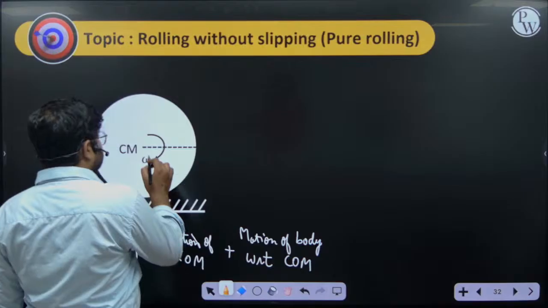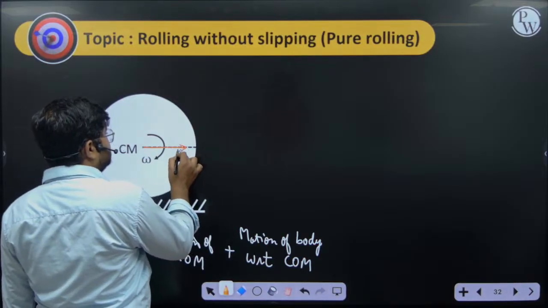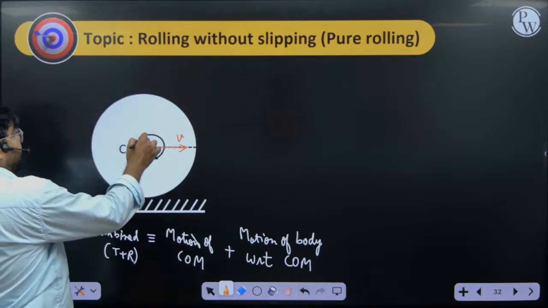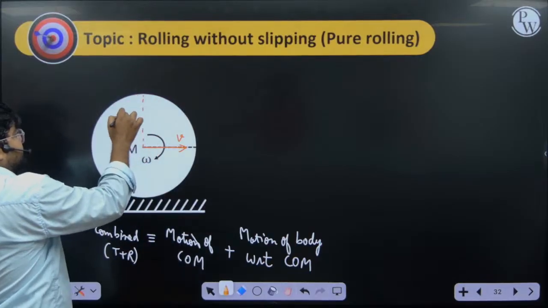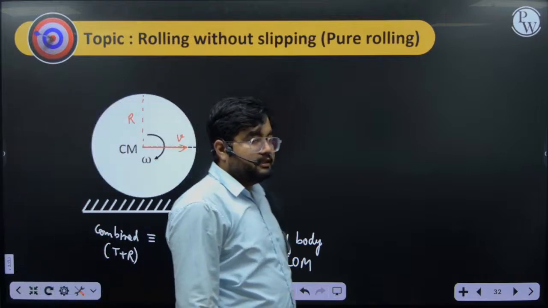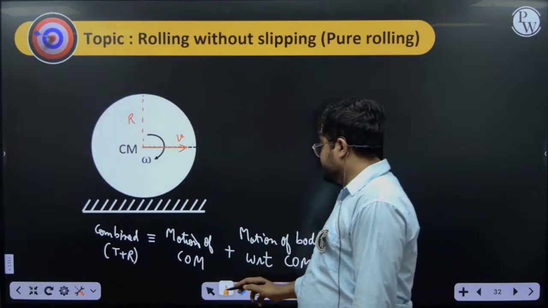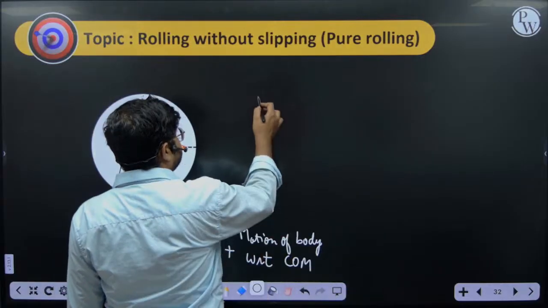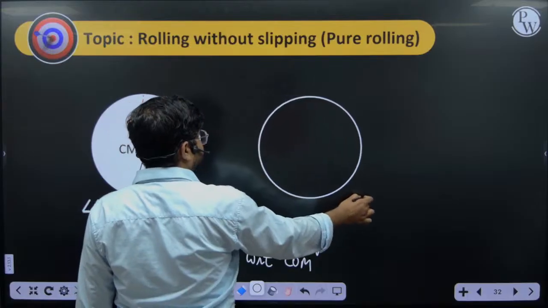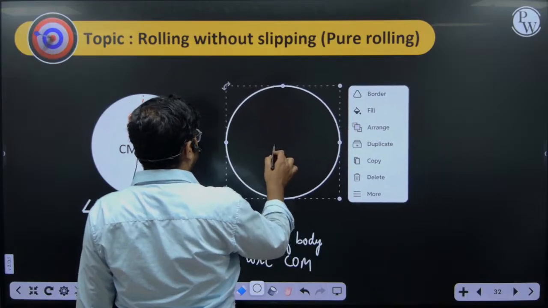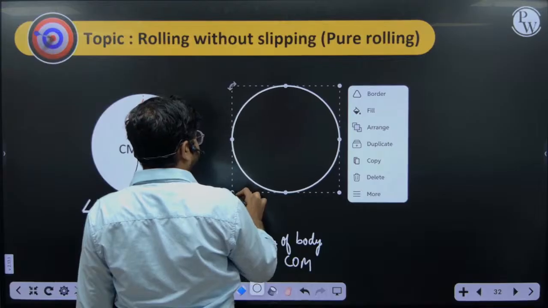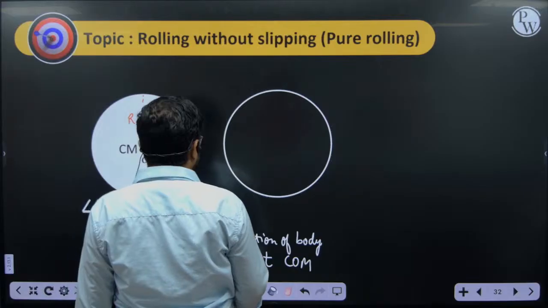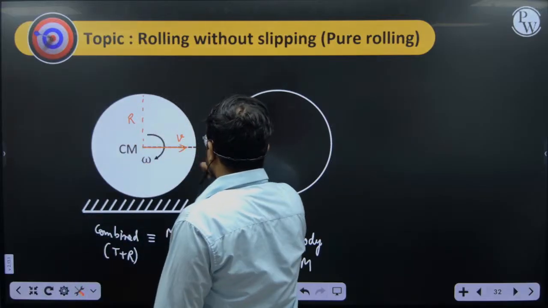So here we have a body which is moving forward with speed v and rotating with omega, and let's say the body has radius r. So how do we analyze the body? First, the center of mass is moving with v.